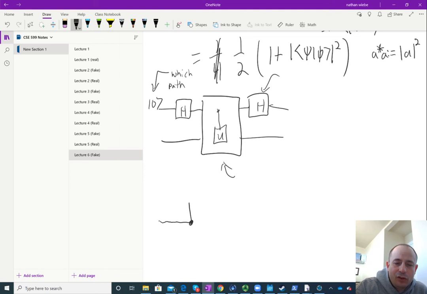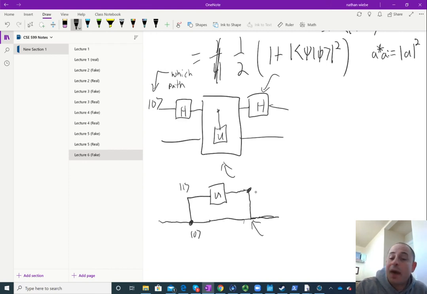Okay? So, for example, in the case where we had a controlled unitary, what we're doing is our execution ends up breaking into two possibilities. We have 0 down here, and we have the 1 branch up here. In the event that it's 1, then we apply the unitary. If it's not, then we don't. Now, what we do at this point is we kind of merge them back together. And the phases that we end up getting from both of these paths that the program could go through, they interfere at this point.